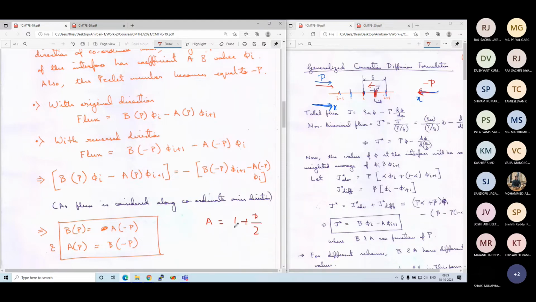If this is valid for a positive Peclet number, then for a negative Peclet number, B of minus P will be equal to 1 minus P by 2.